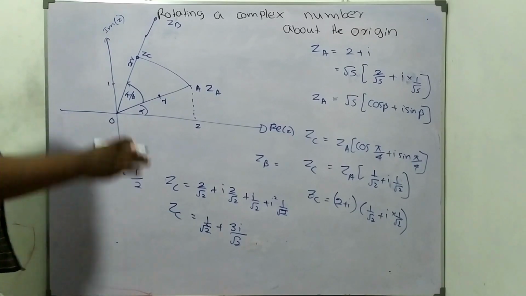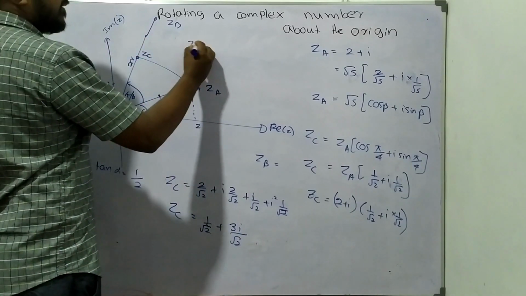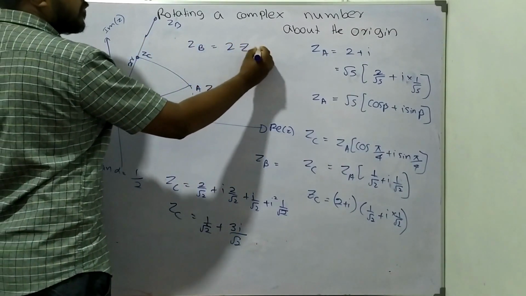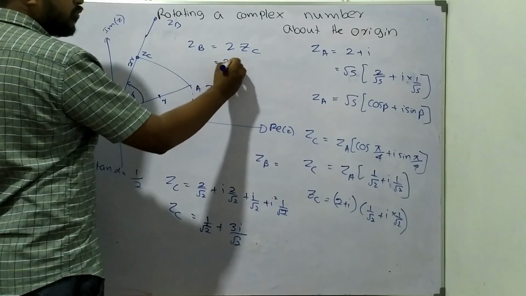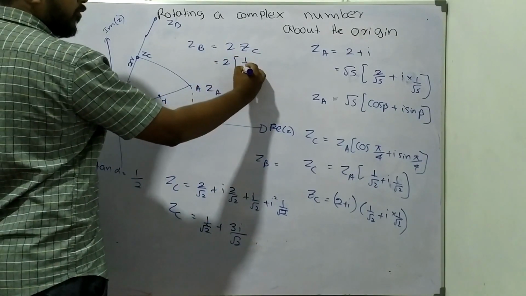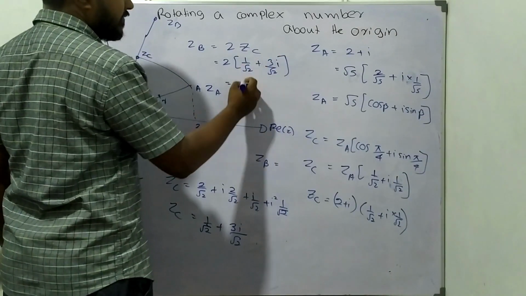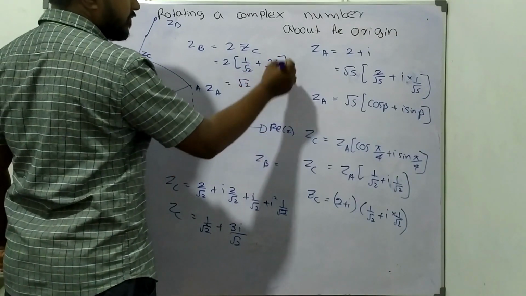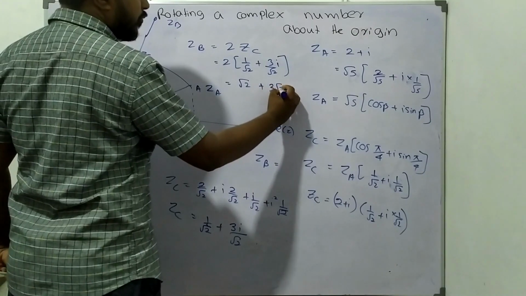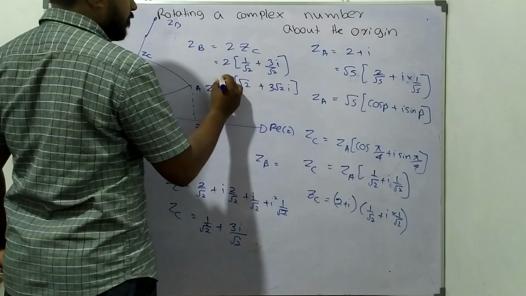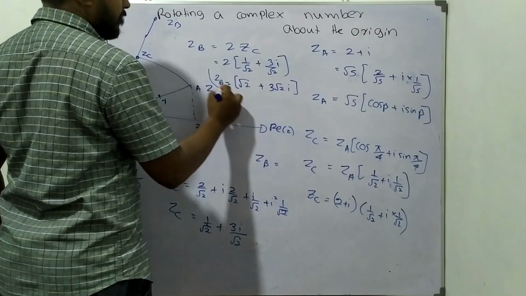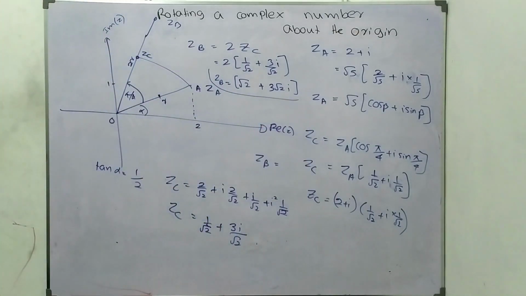So we need ZB. Actually ZB means 2 times ZC. 2 times ZC gives root 2 plus 3 root 2 I. That is ZB.